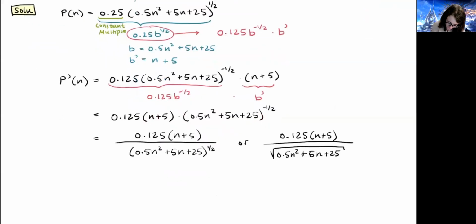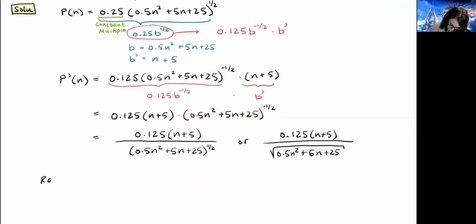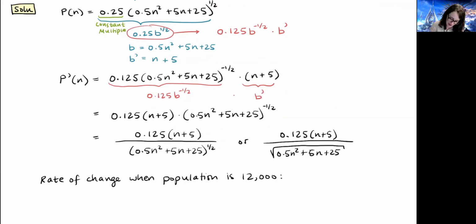So we want the rate of change when the population is 12,000. Again, that means that n is equal to 12.